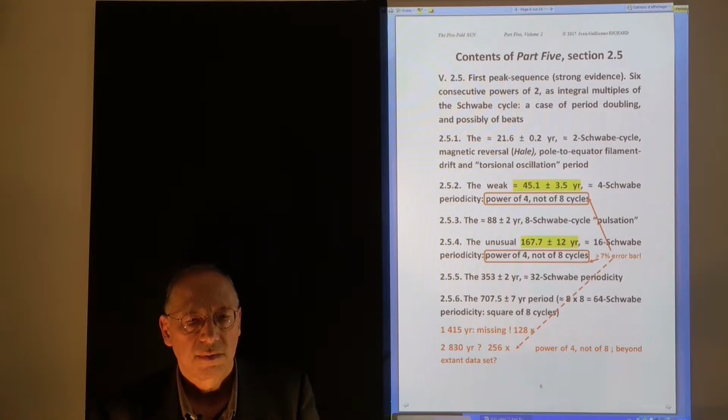In terms of phenomenology, as we shall see, these two periods for which the integral multiple is a power of 4 and is not a power of 8 may apparently correspond to some solar activity anomaly, or at least a sort of a solar excursion.